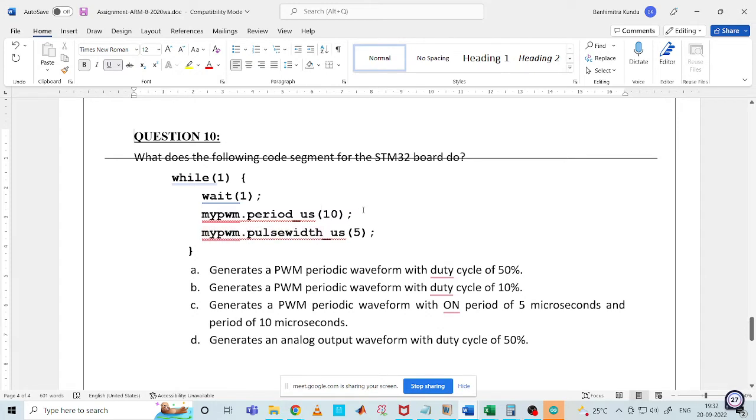The period of the entire pulse is 10, and the on period of the duty cycle in terms of time is 5. So it's half of 10, so it's a 50% duty cycle. Correct. Good.